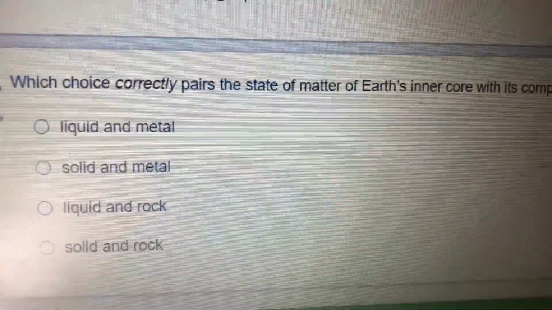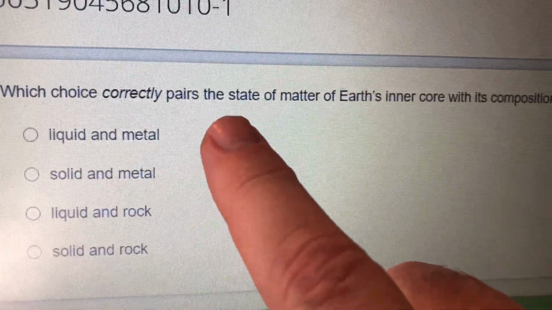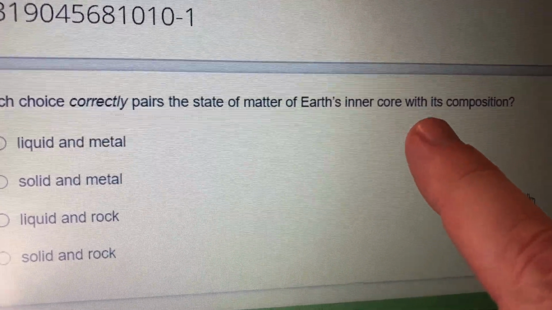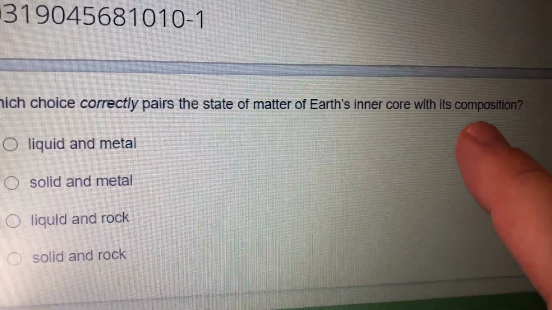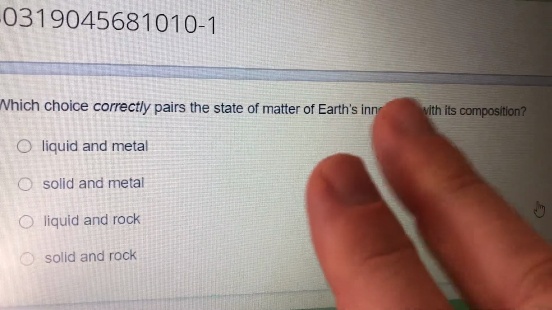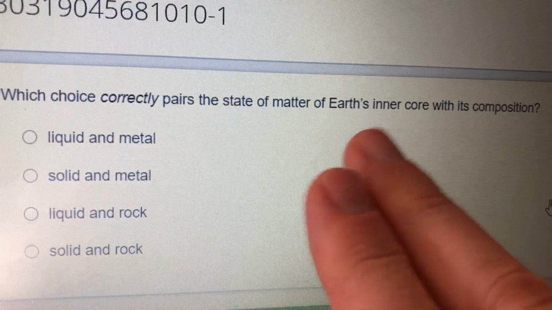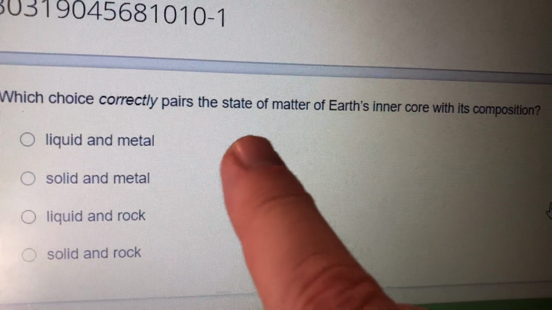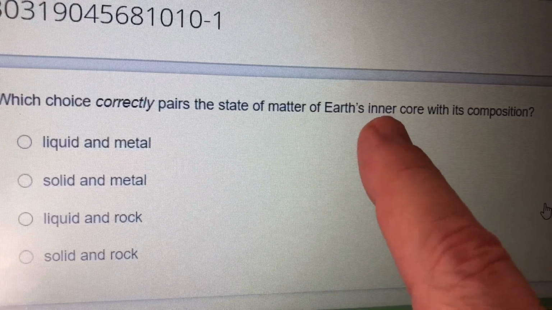That's a good question. Which choice correctly pairs the state of matter of Earth's inner core with its composition? Okay? So they both need to match that specific layer, okay? And we're talking about the inner core.